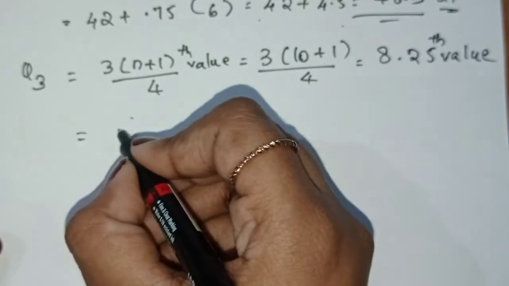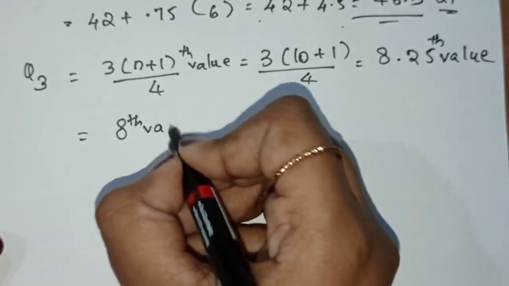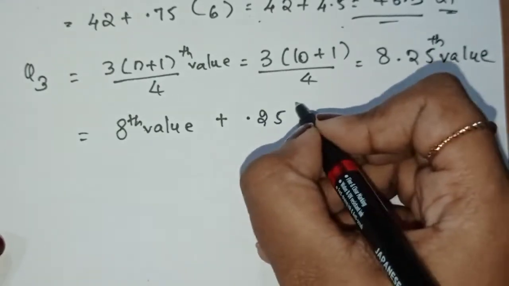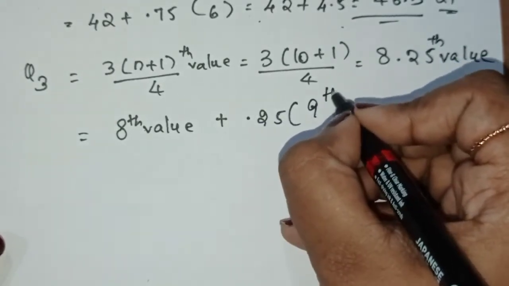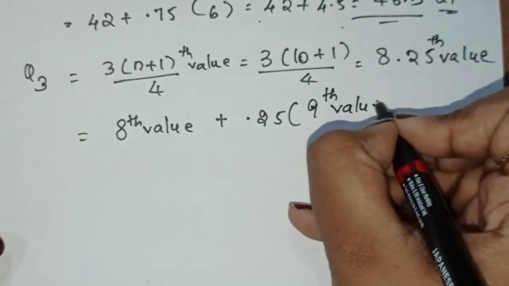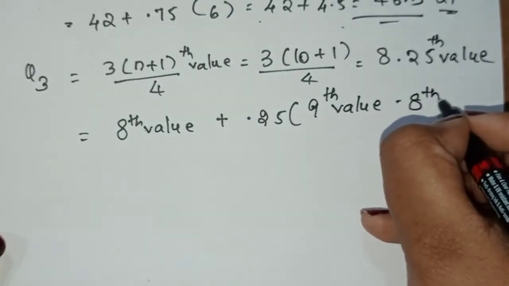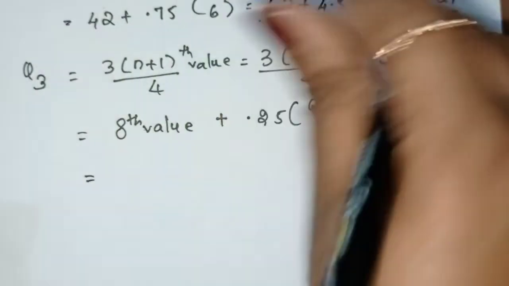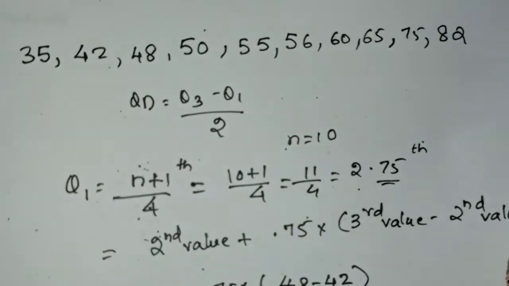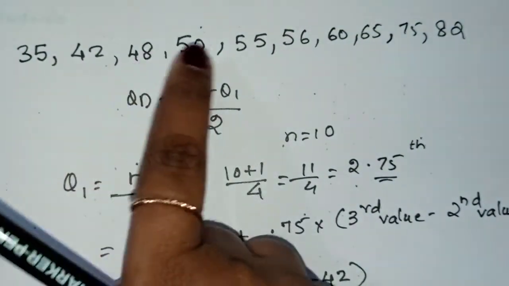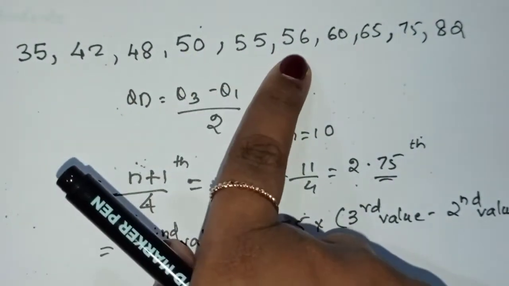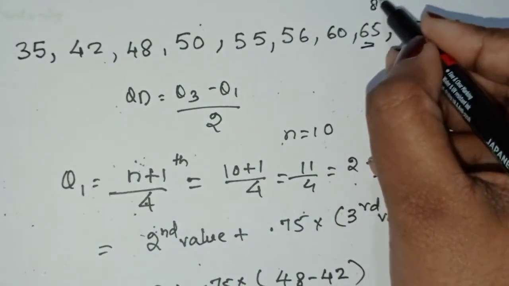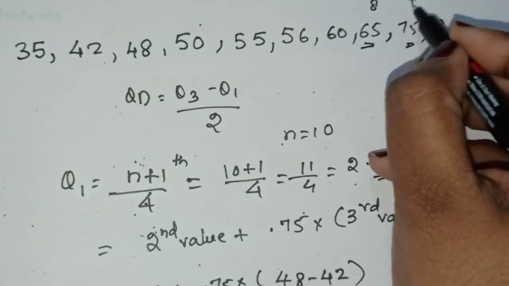So how do we find the 8.25th value? The 8th value plus 0.25 into the 9th value minus the 8th value. Now what is the 8th value here in the ascending order? 1, 2, 3, 4, 5, 6, 7, 8. So this is our 8th value and this is our 9th value.